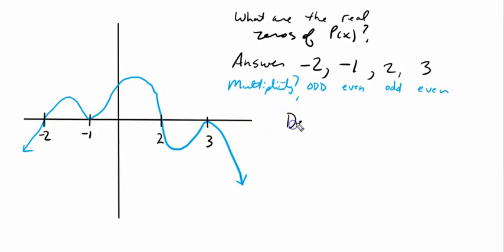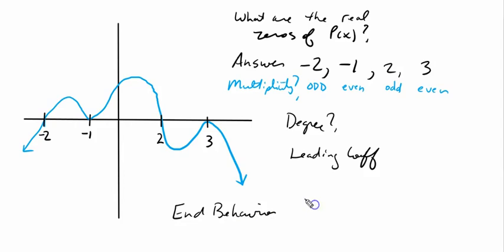What can we say about the degree? And what can we say about the leading coefficient? Well, we can see that this has end behavior down, down. And if it has end behavior down, down, then the leading term is going to be a negative number times x to an even power.